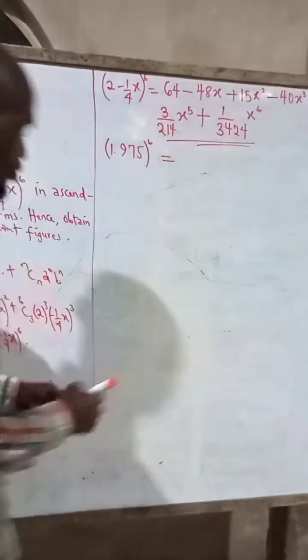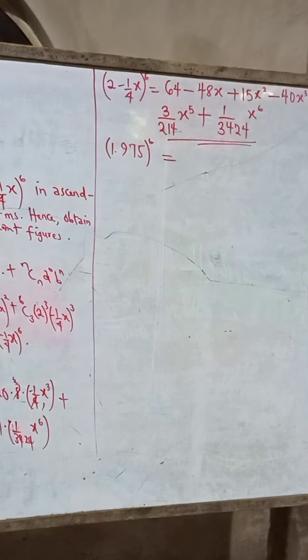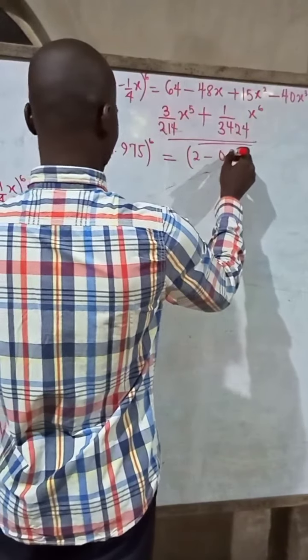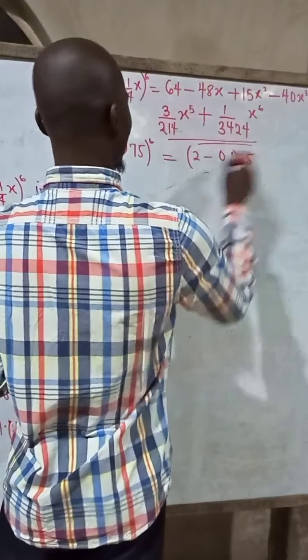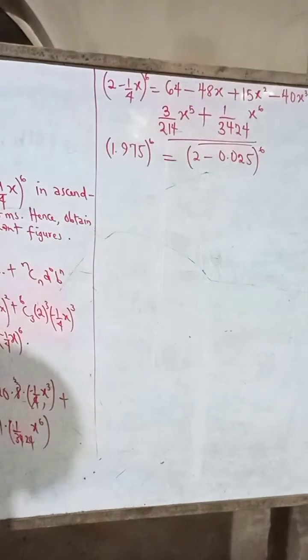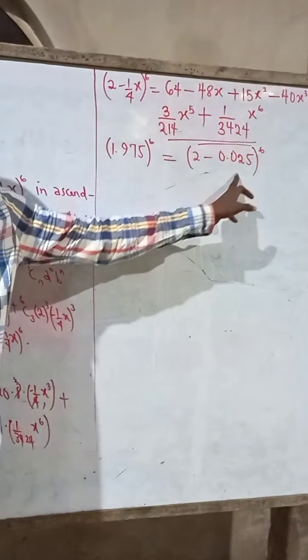So let's write it out. This can be written as 2 minus 0.025, since 2 minus 0.025 is the same thing as 1.975. And this is what we are going to expand.